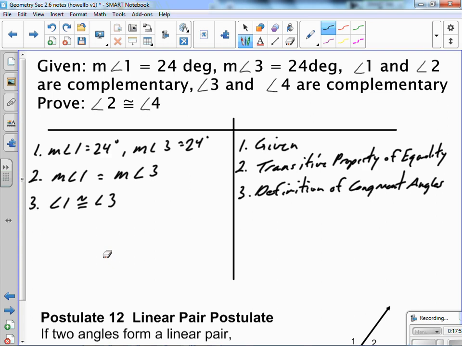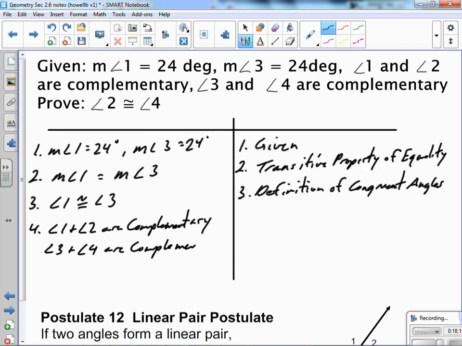So now I look for more given information. So I've got angle 1 and angle 2 are complementary. And I also know that angle 3 and angle 4 are complementary.